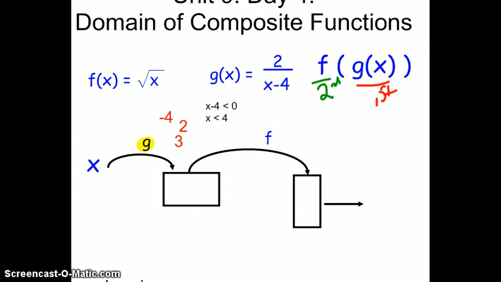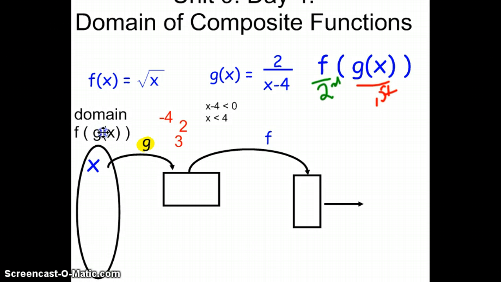So the way I would describe the actual domain, or the type of numbers that I can put into the function G that will allow me to put in values that I can put into F, are going to have to be any number X that's not less than 4.